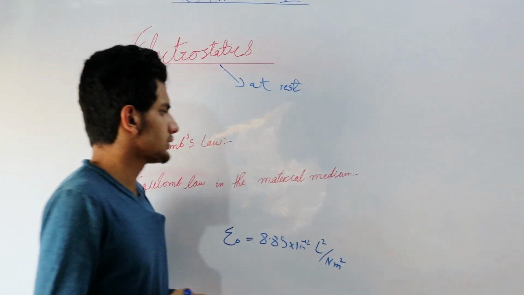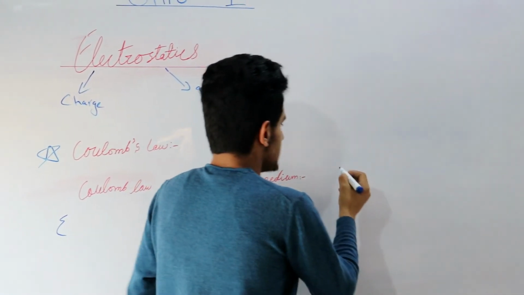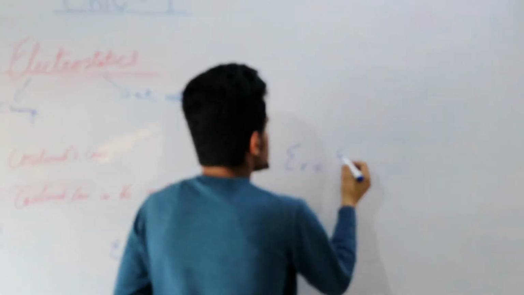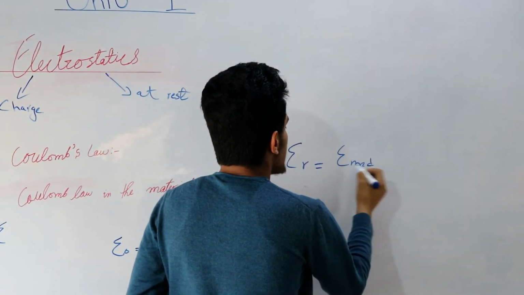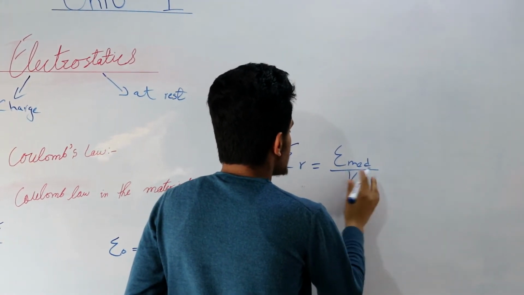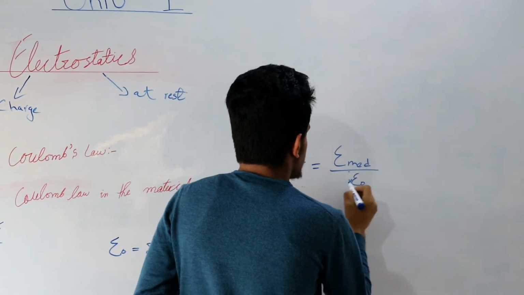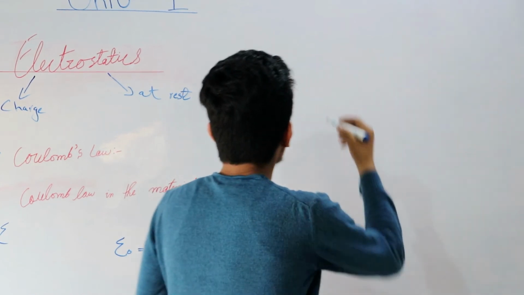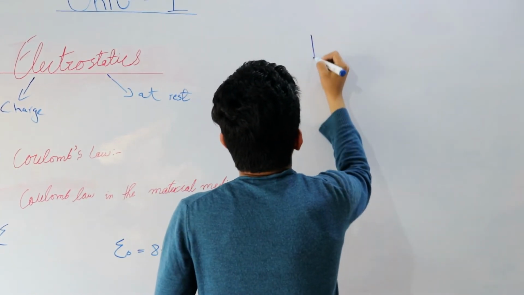Now moving forward toward relative permittivity. Relative permittivity is equal to the permittivity of a medium divided by the permittivity of vacuum. So from this we can write the Coulomb force like this.